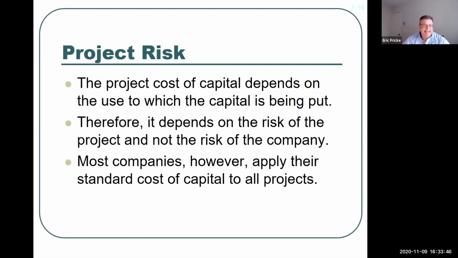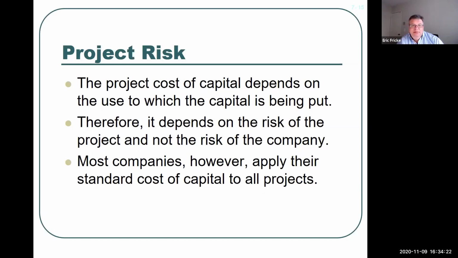So here's a little caveat. We're going to use those returns for stocks to come up with discount rates, but different companies, different industries, all have different sensitivity to the overall market. So we do have to be careful. We can use the expected return for a stock as the discount rate for a project, and that's what most companies do.